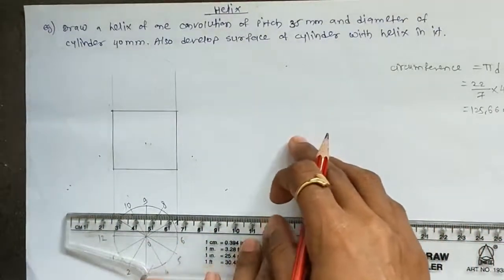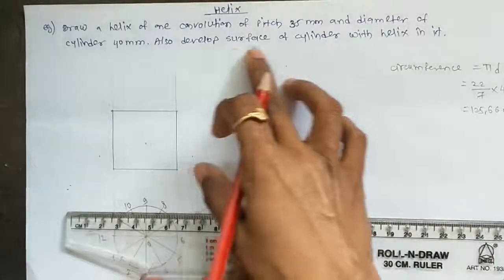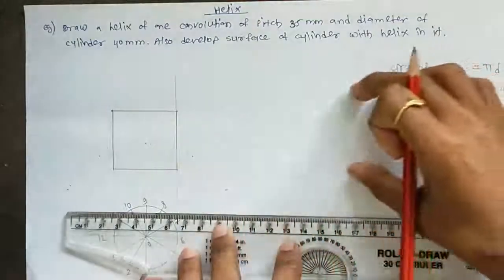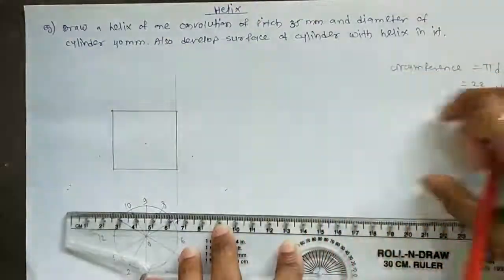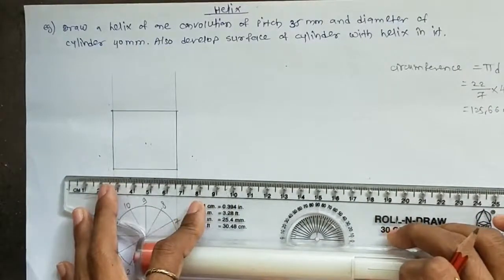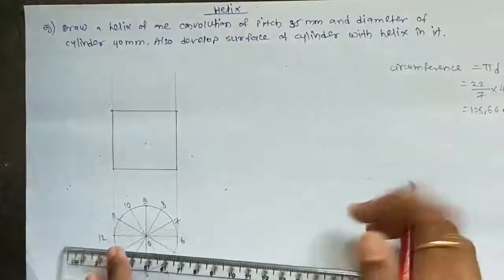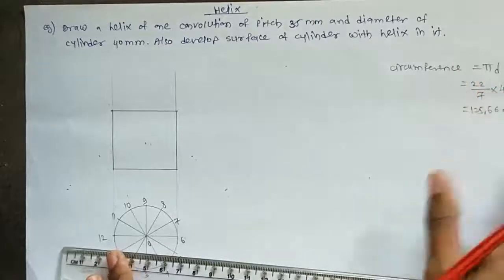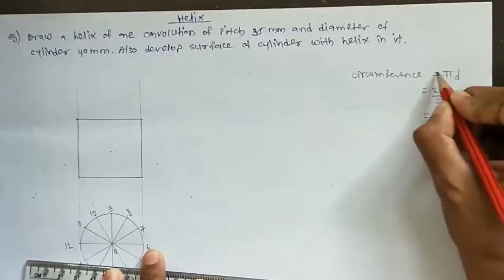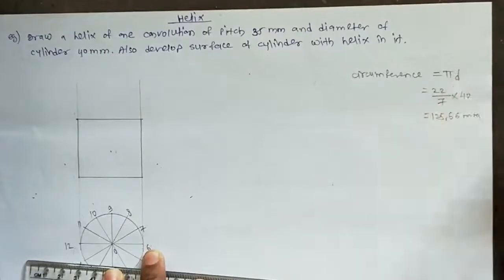in example it is given that also develop surface of cylinder. So development of cylinder we have to draw this side. So for development of cylinder we have to take circumference of a cylinder, that is pi d.